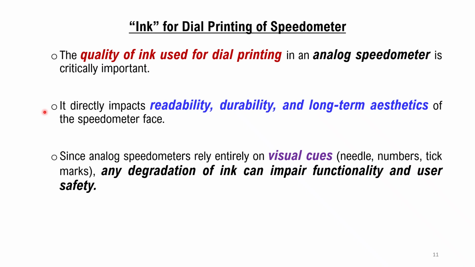Since analog speedometers rely entirely on visual cues, that is needle, numbers, tick marks, etc., any degradation of the ink can impair functionality and users' safety. We shall be talking about this aspect of the speedometer in the next video.